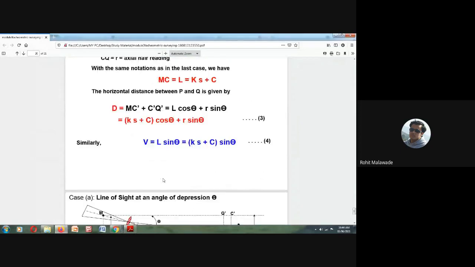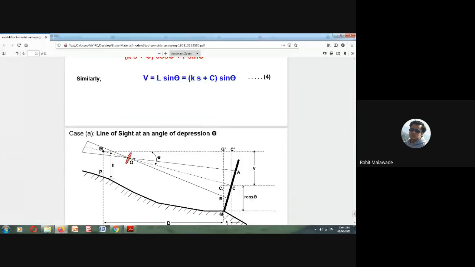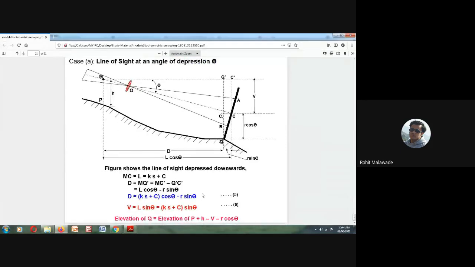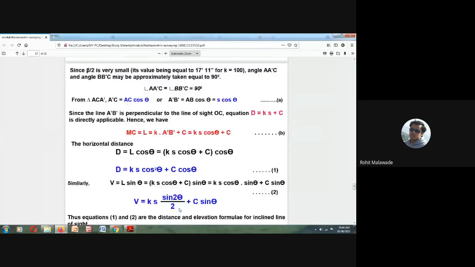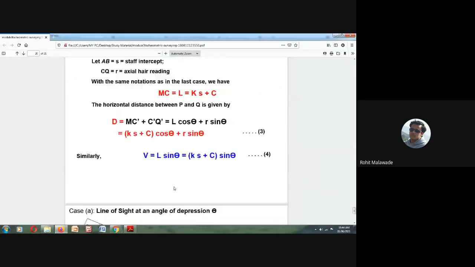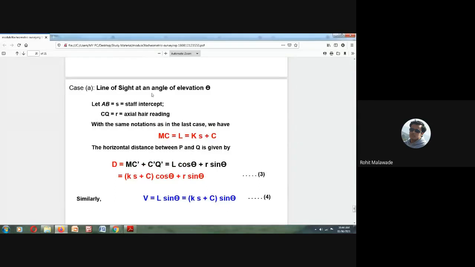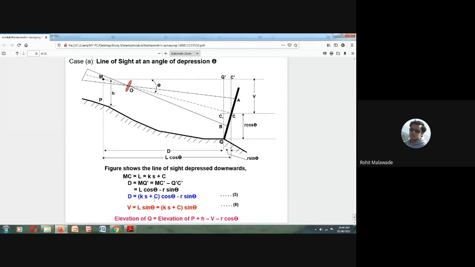Now, if the staff is in the declination, we will be using the formula D = (Ks + C) cosθ minus R sinθ. Earlier it was plus.